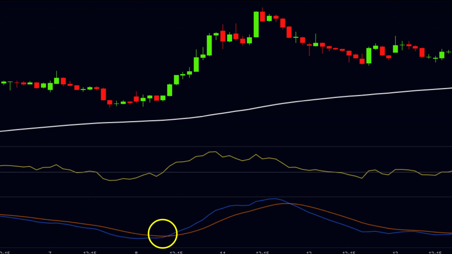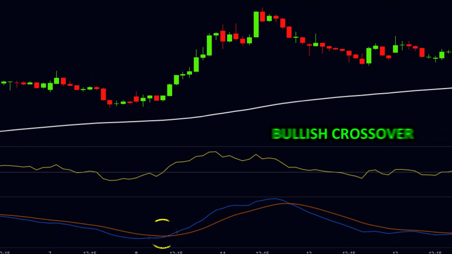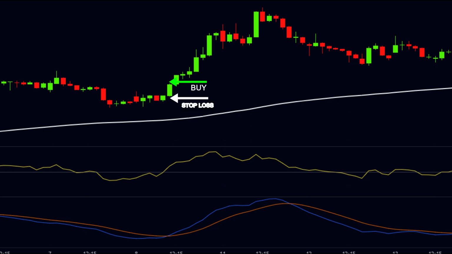Here the MACD line crosses over the signal line from downside to upside, so this is our bullish crossover. Thus, all the conditions are satisfied here, so we will buy at the high of this candle, our stop loss should be below the low of this candle, and our target should follow our 2:1 risk-reward ratio. You can see, after our entry, the price made a good up move.